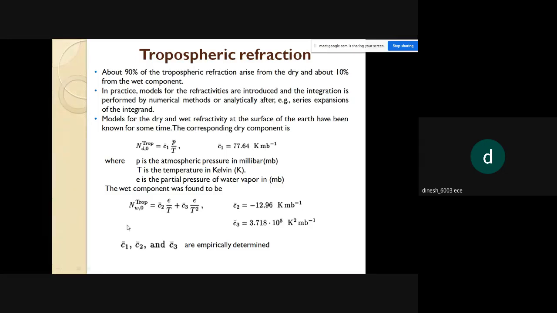Then the wet component can be found as Nw naught trop, which is C2 E by T plus C3 E by T square.